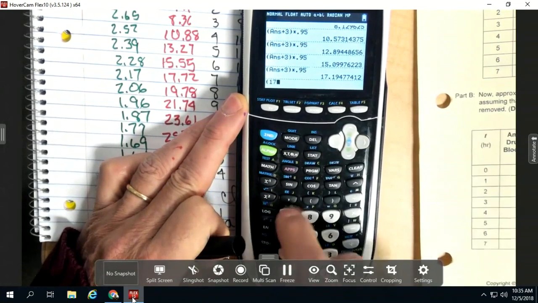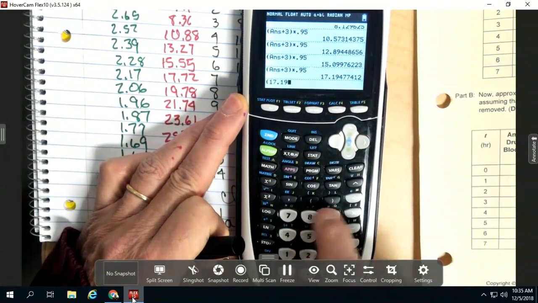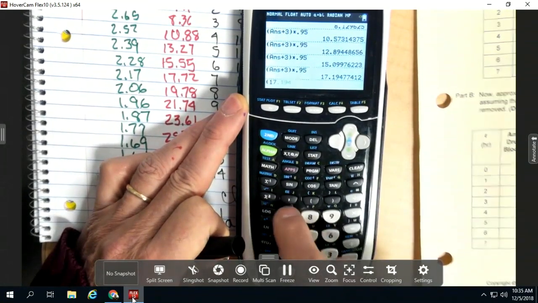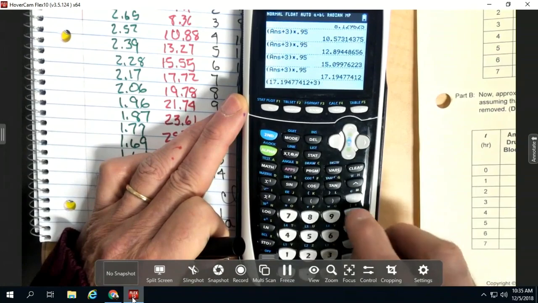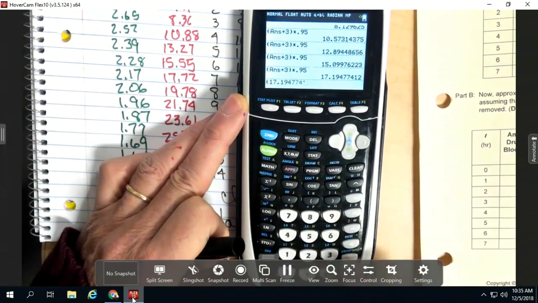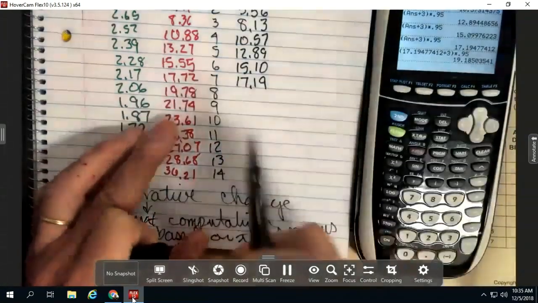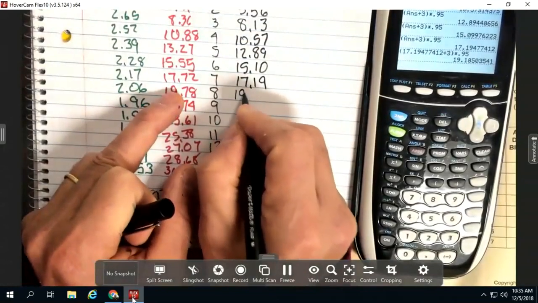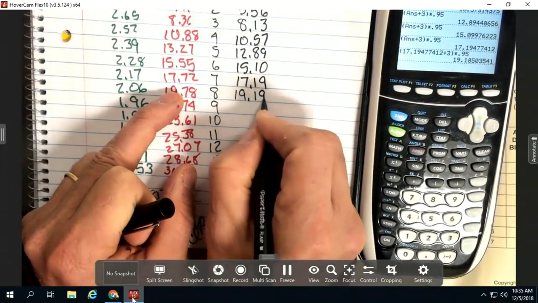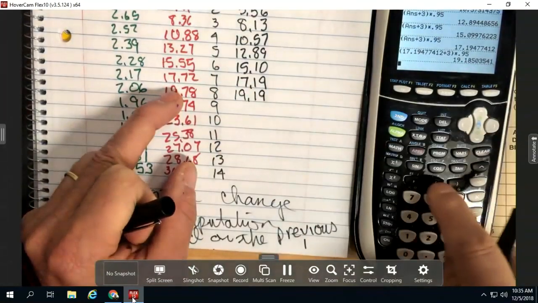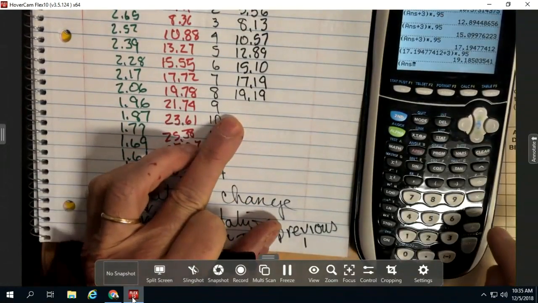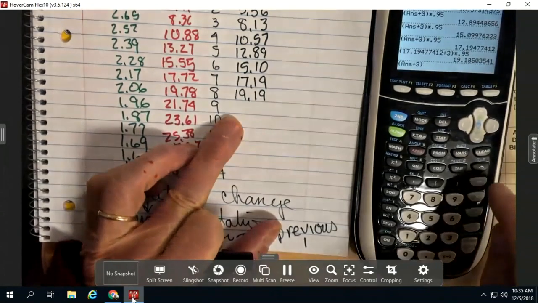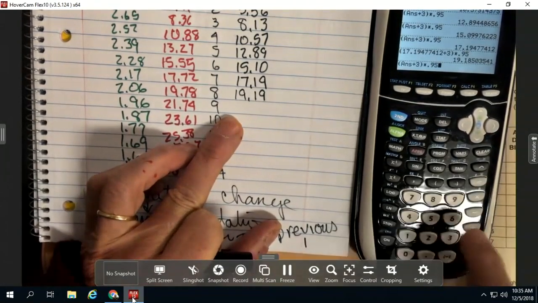Parentheses, 17.19477.412 plus 3, close parentheses, times 0.95. Parentheses, second function answer, plus 3, close parentheses, times 0.95.